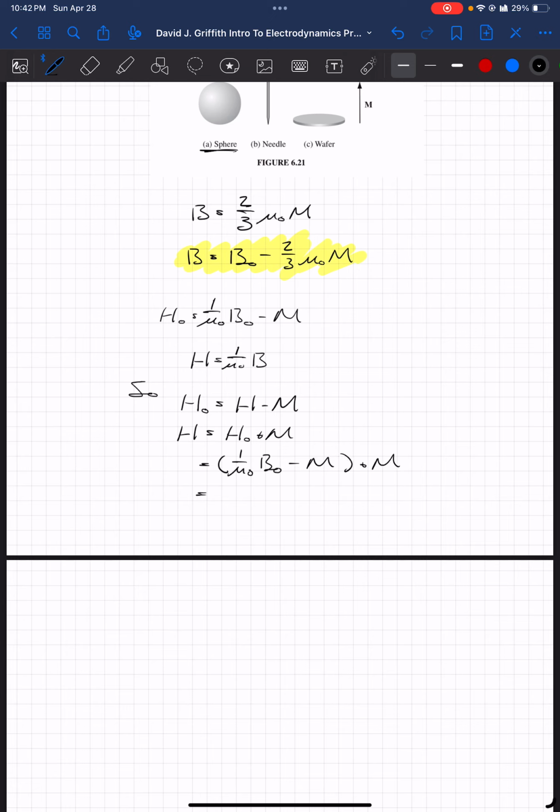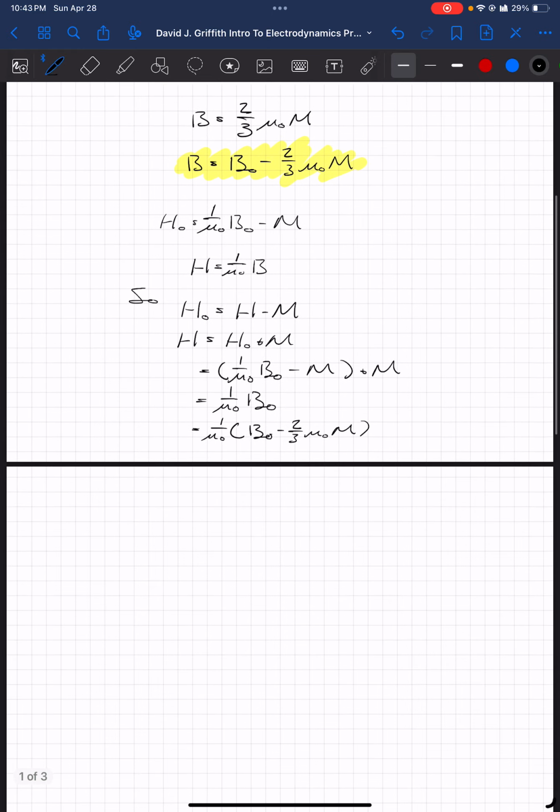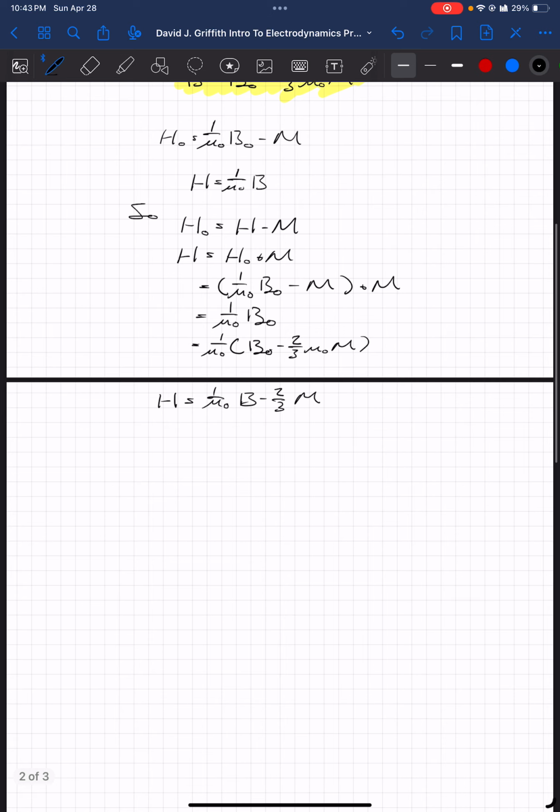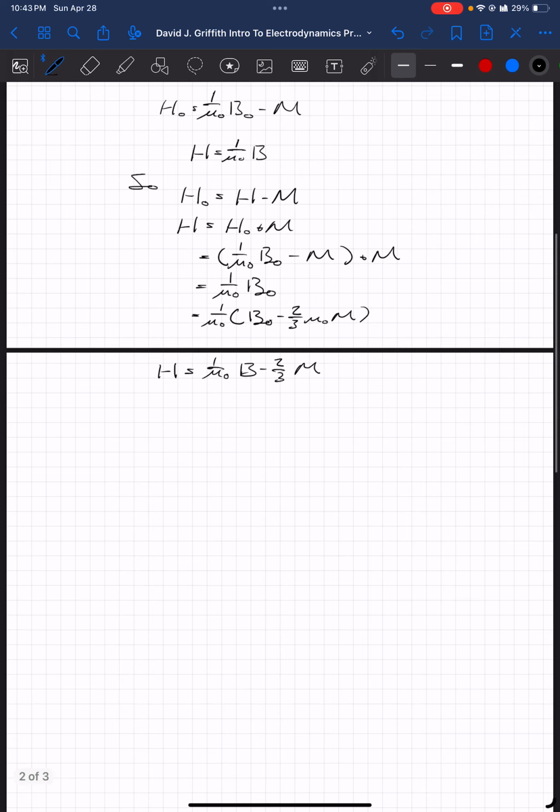So our new H is 1 over mu naught B, which for our new space would equal 1 over mu naught times B naught minus 2/3 mu naught M. So, H is equal to 1 over mu naught B naught minus 2/3 M. Now, to relate back to H naught, we sub it in.